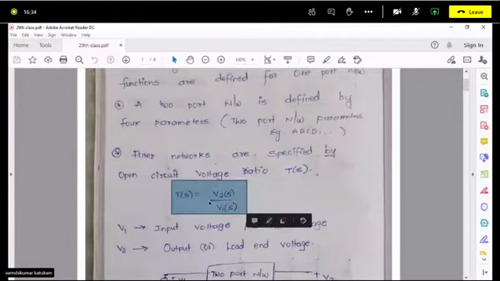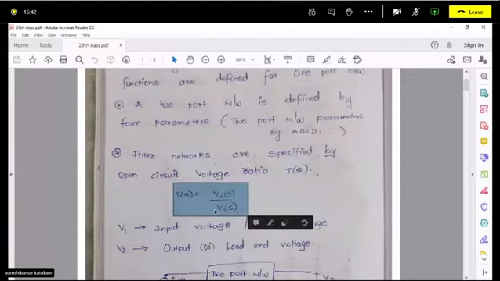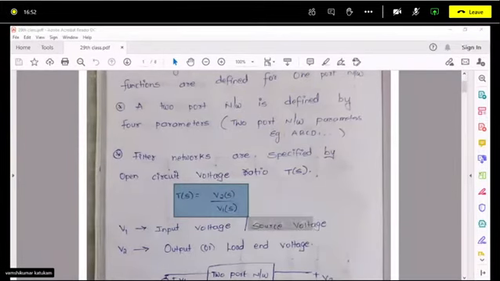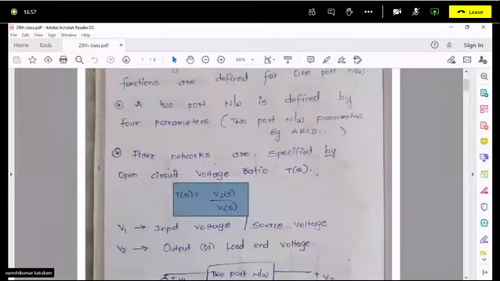Now we will be given the function T(s) = V2(s)/V1(s) for a two-port network, and for that given function we have to design or synthesize a network. That is the difference between the previous classes and what we are going to study. In the previous classes we had driving point impedance or admittance functions.